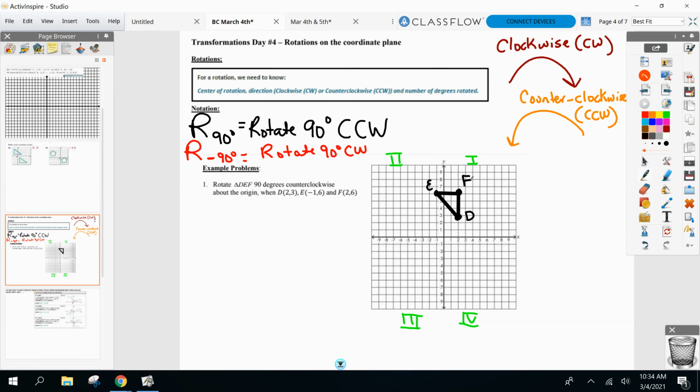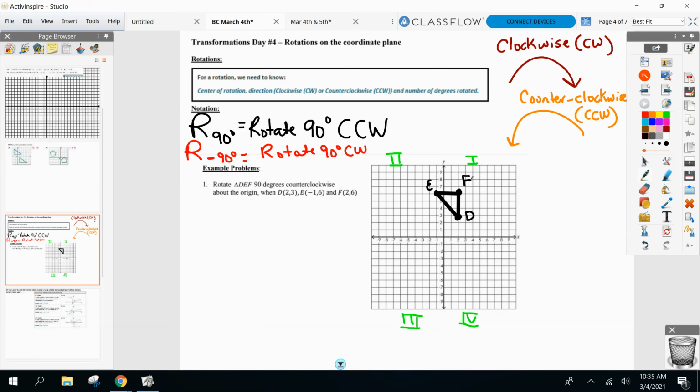All right, we have it graphed. I'm asking you to rotate this triangle 90 degrees counterclockwise, so positive 90, counterclockwise.